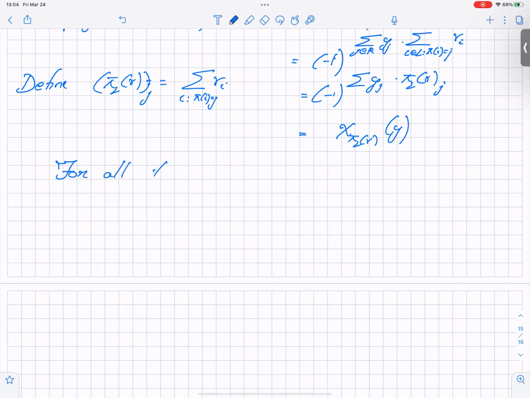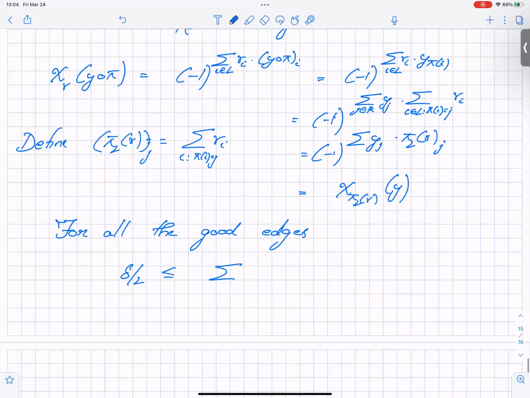Therefore, for all the good edges, delta by 2 is less than or equal to the summation over alpha of f hat alpha squared times g hat of pi 2 of alpha.